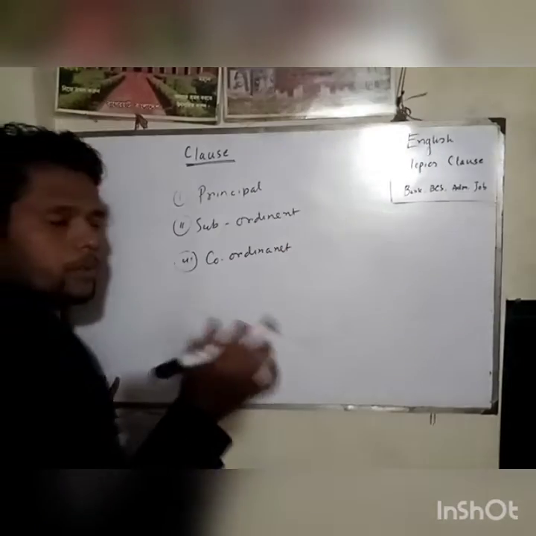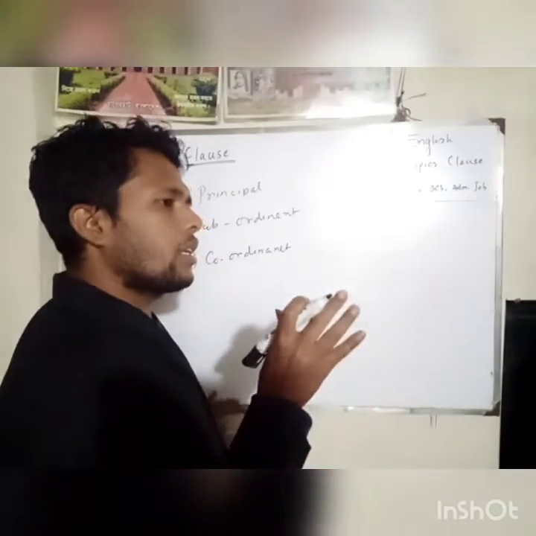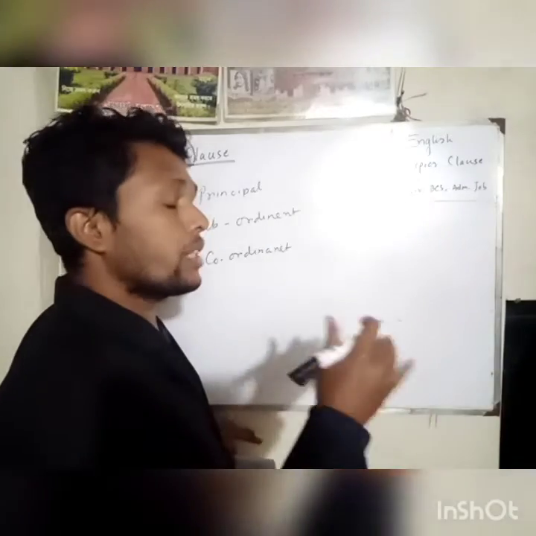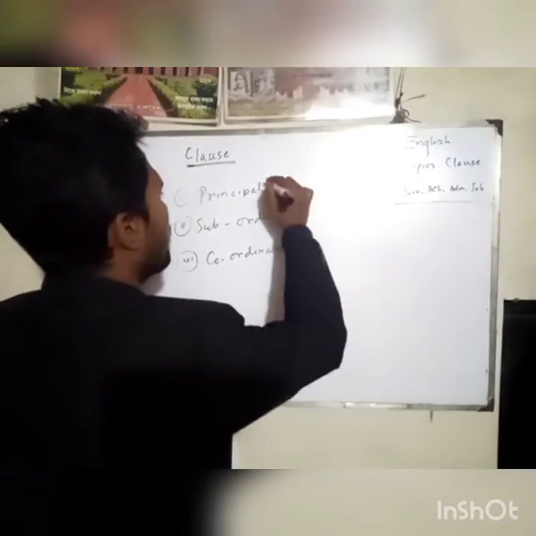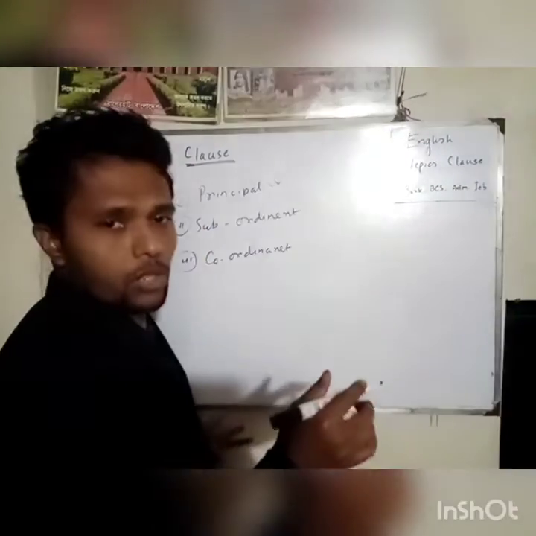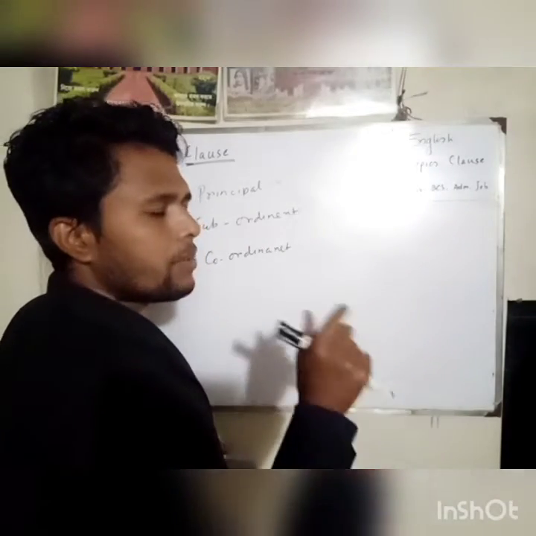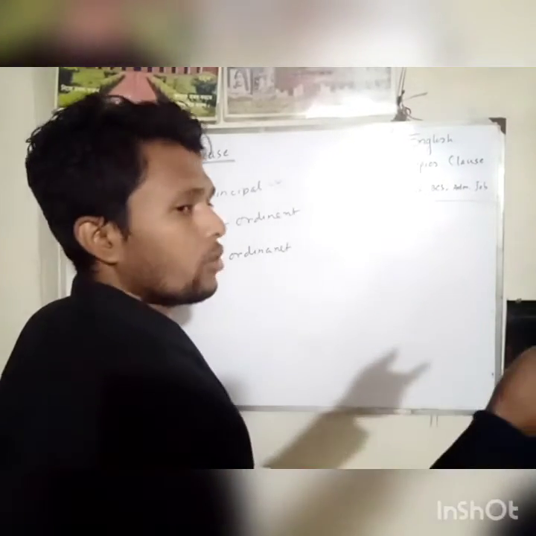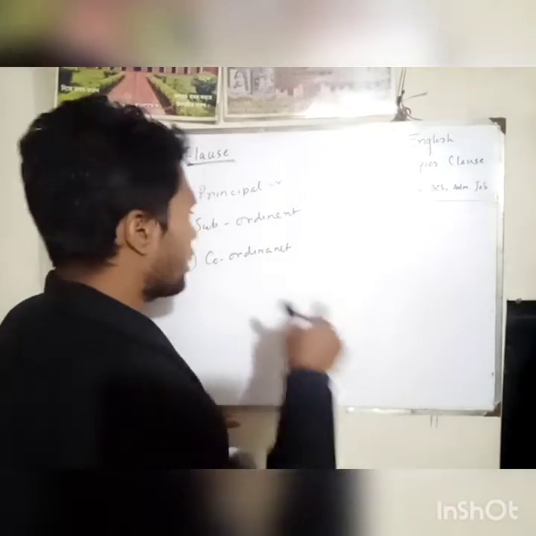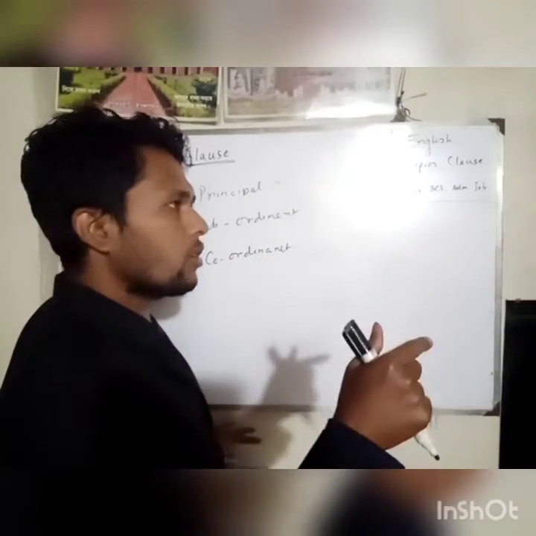A principal clause means a kind of clause that does not need the help of another clause. A subordinate clause means a clause that describes a meaning with the help of another clause. That means the clause that depends on another clause.